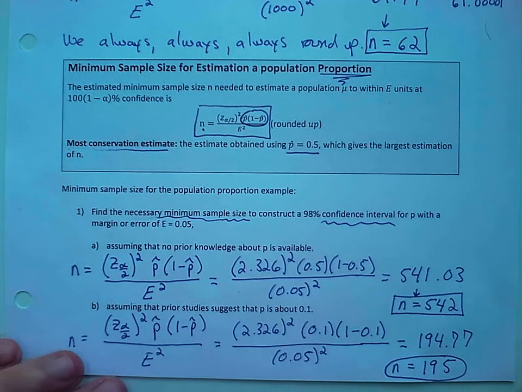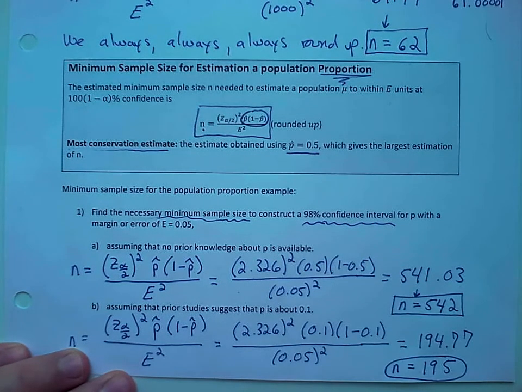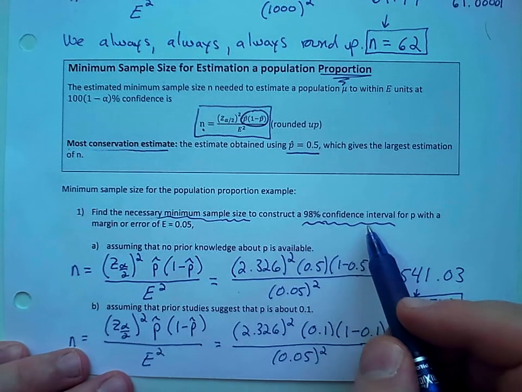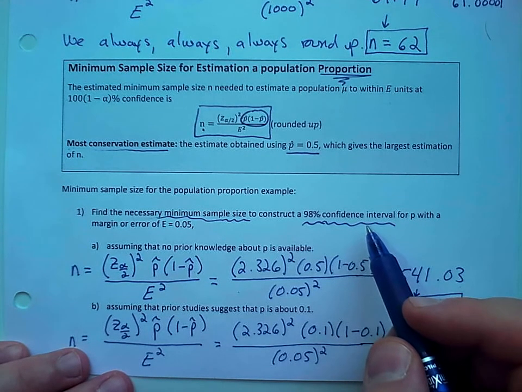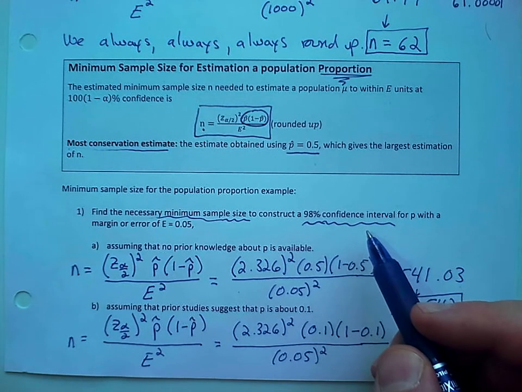If we're trying to figure out a confidence interval, somebody says, hey, I want to figure out this confidence interval. How many people do I need to have in my sample to come up with it? First, your reaction probably is, well, I don't know. So they're saying, all right, I just want to know the minimum amount of people that I need to go out and ask.